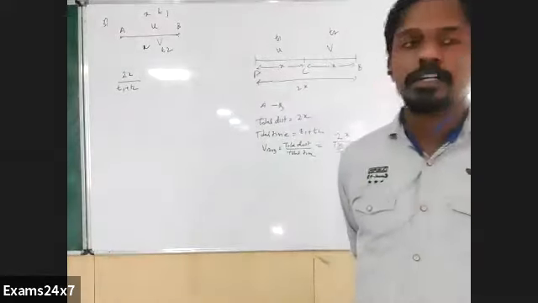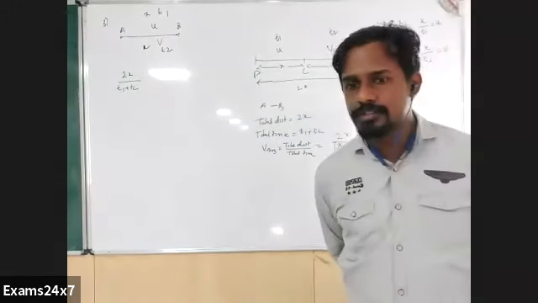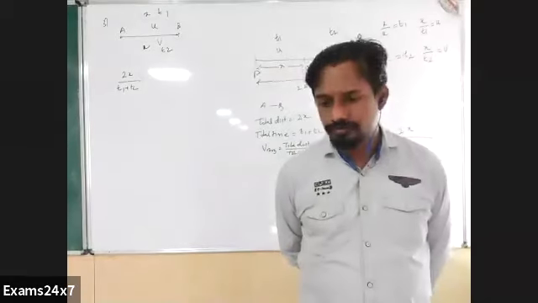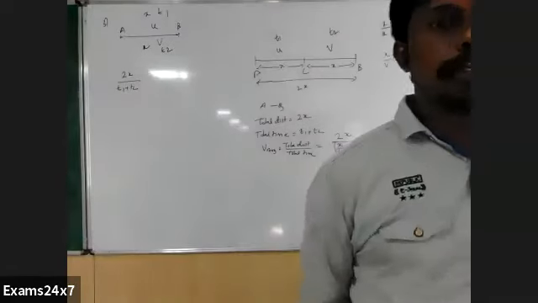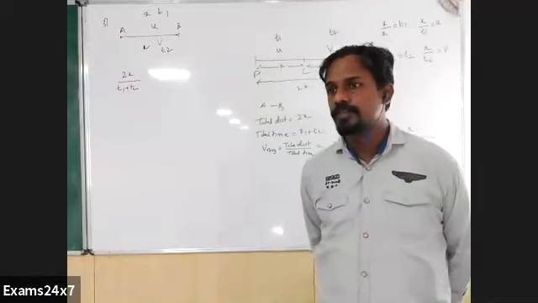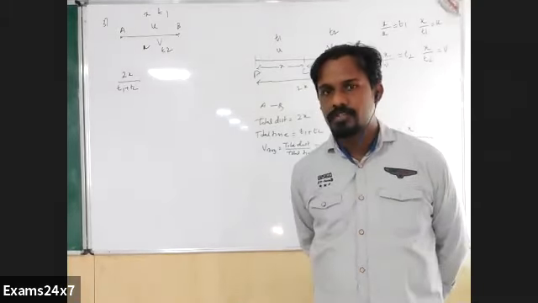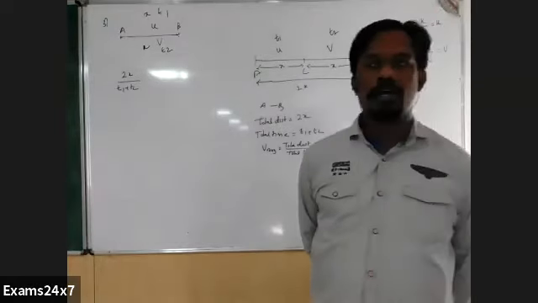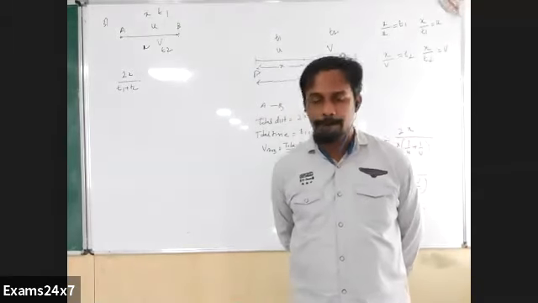The first half of the distance is covered with a speed u, and the second half of the distance is covered with a speed v.